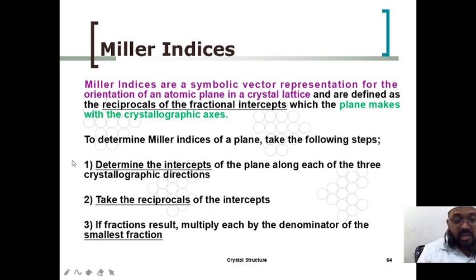Just take one face, one plane. Whatever intercepts you observe, take the reciprocals of those intercepts. Then, if you get fractions, multiply each by the denominator of the smallest fraction. What is the meaning of this? If the result is in fractions, multiply each by the denominator of the smallest fraction.